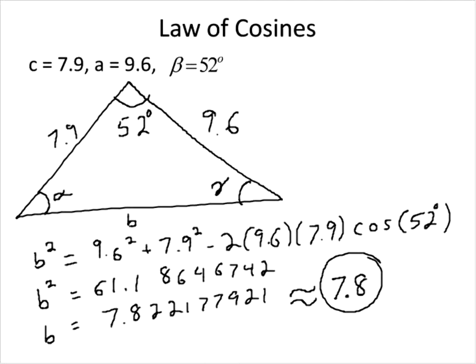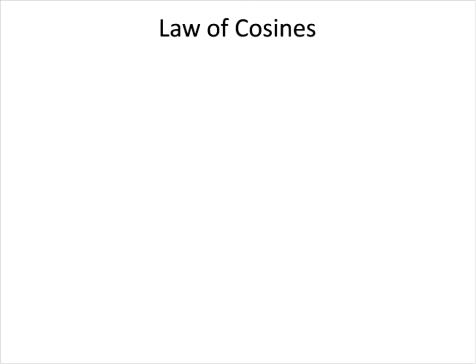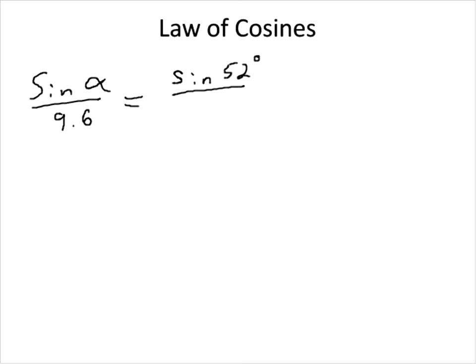Now, I can find the other two angles either with the law of cosines or, well, frankly, I could solve it with the law of sines now that I know one of these sides. So let's do this. I can take the sine of alpha over that side, 9.6, the side opposite alpha, is equal to the sine of angle beta, which is 52 degrees, divided by the length of the side B, which we just said was 7.8.